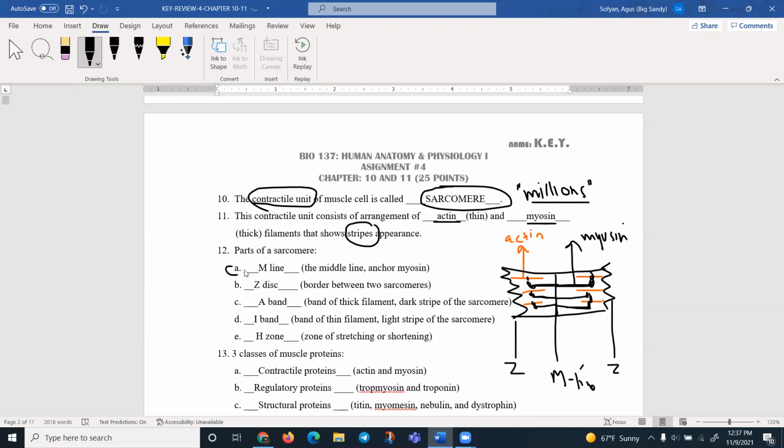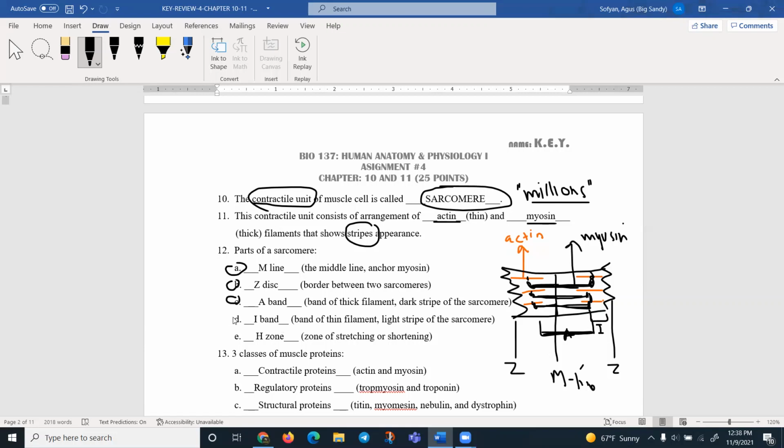So we have the M line, Z-disc, myosin, and actin. This thick line over here makes an arrangement, making what we call the A band. This is the A band, which is the band of darker color. And from here to here is going to be a thinner or lighter color.